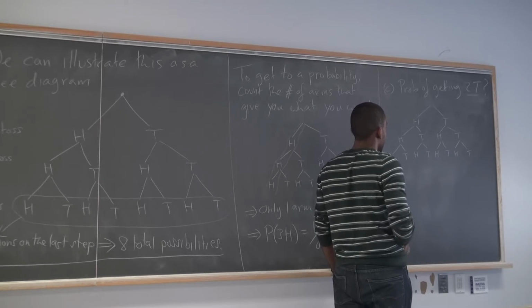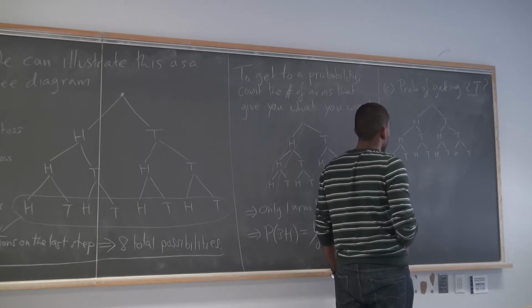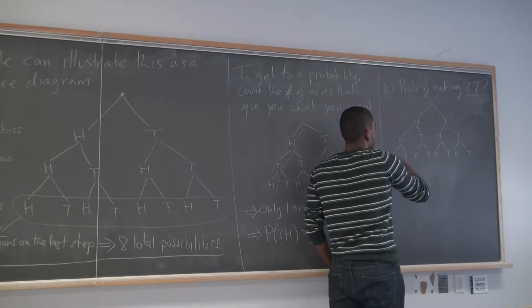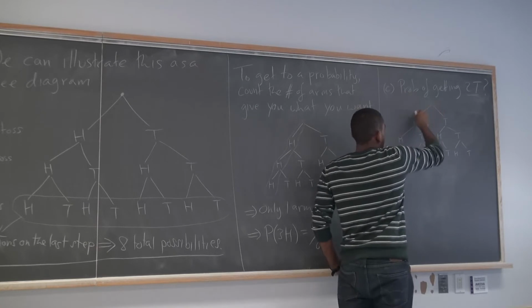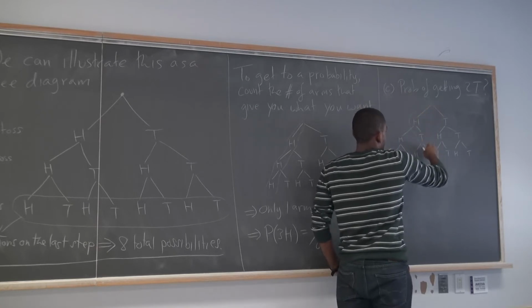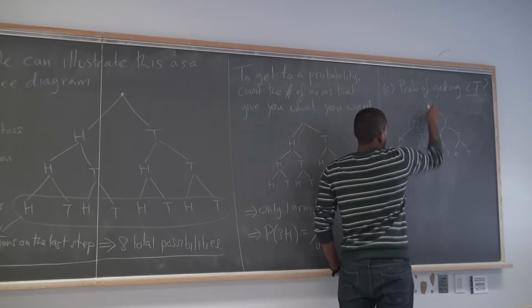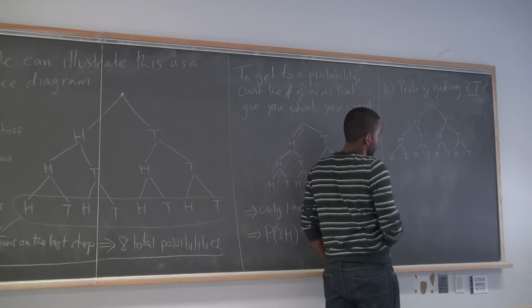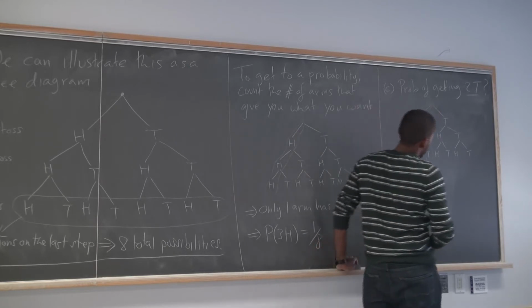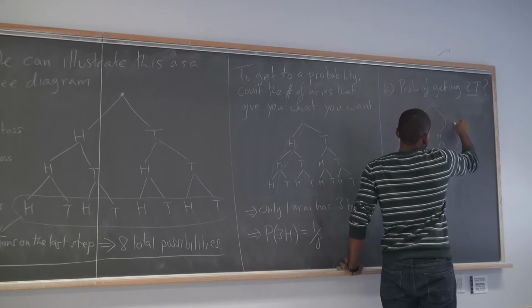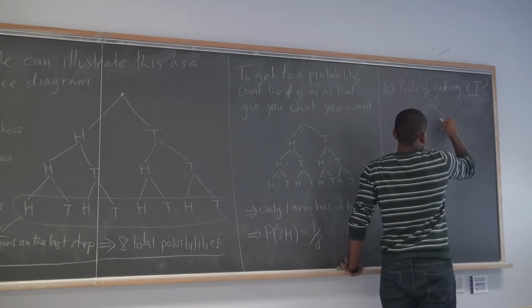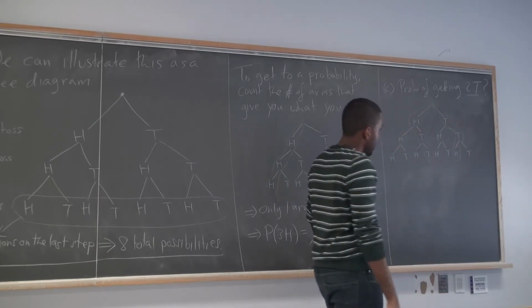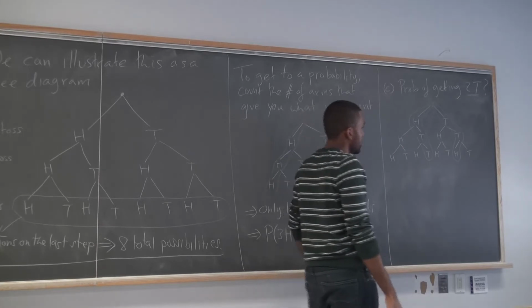So which arm gives you 2 tails? Well, not this one. Going here, here, here will give you 2 tails. Going here, here, here gives you exactly 2 tails. And then right, left, right.